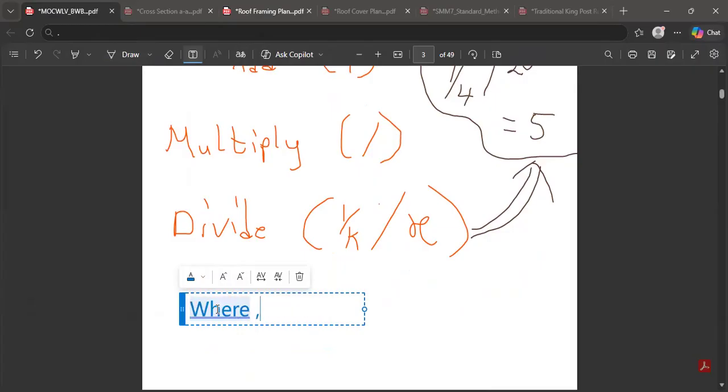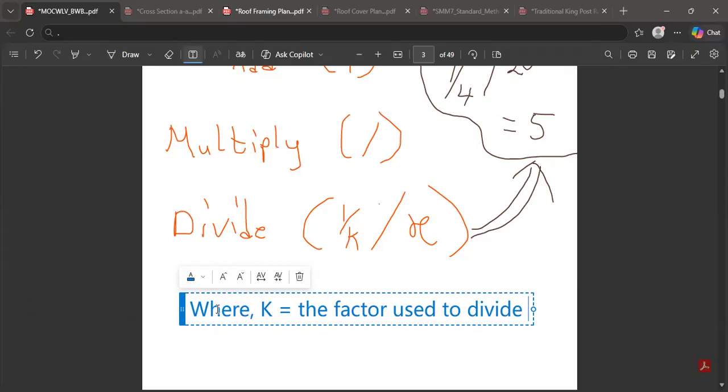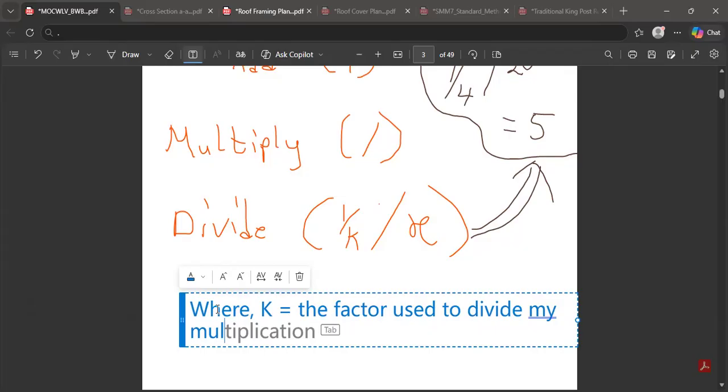So that is where k is equal to the factor used to divide, by multiplying, with the symbol.